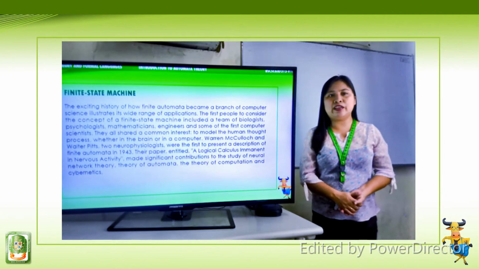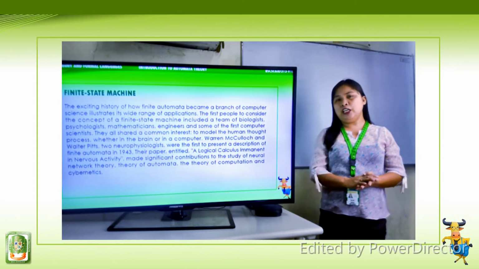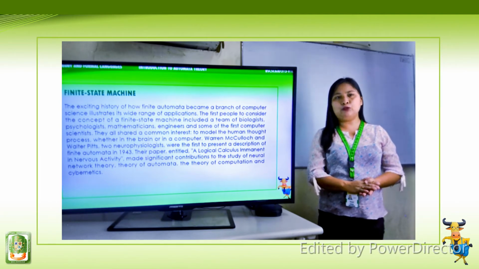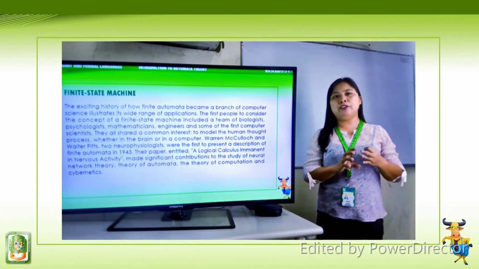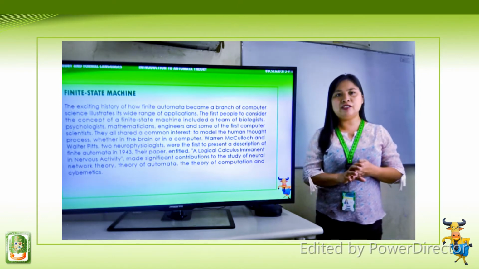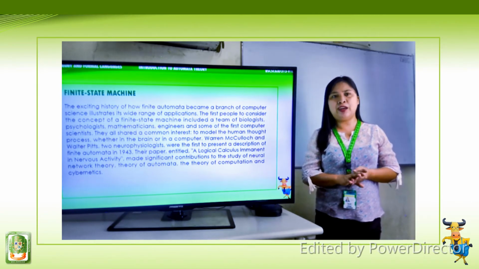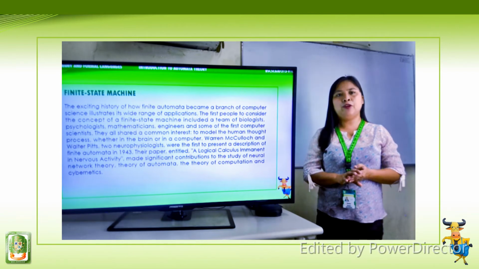Okay, so the exciting history of how finite automata became a branch of computer science illustrates its wide range of applications. The first people to consider the concept of a finite state machine included a team of biologists, psychologists, mathematicians, engineers, and some of the first computer scientists. They all shared a common interest to model the human thought process, whether in the brain or in a computer.